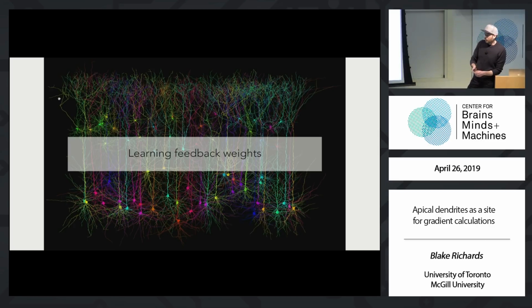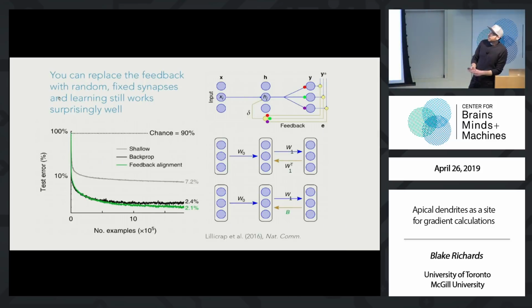So I don't have very much time here, but I'm just going to briefly touch on the question of learning the feedback weights. We've been relying on this feedback alignment effect.